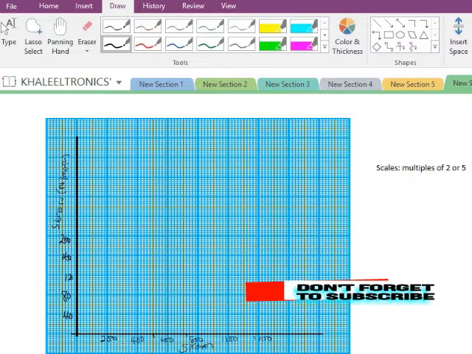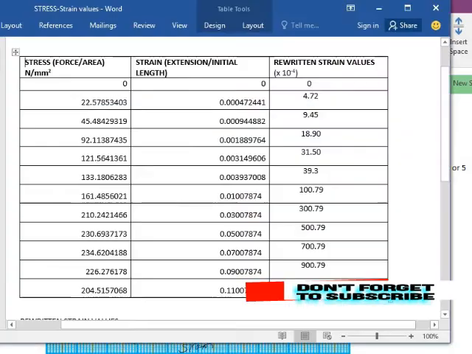Now if you have to plot this graph, already it is going to start from the origin somewhere here, and then your second value is 22.6 against 4.72.